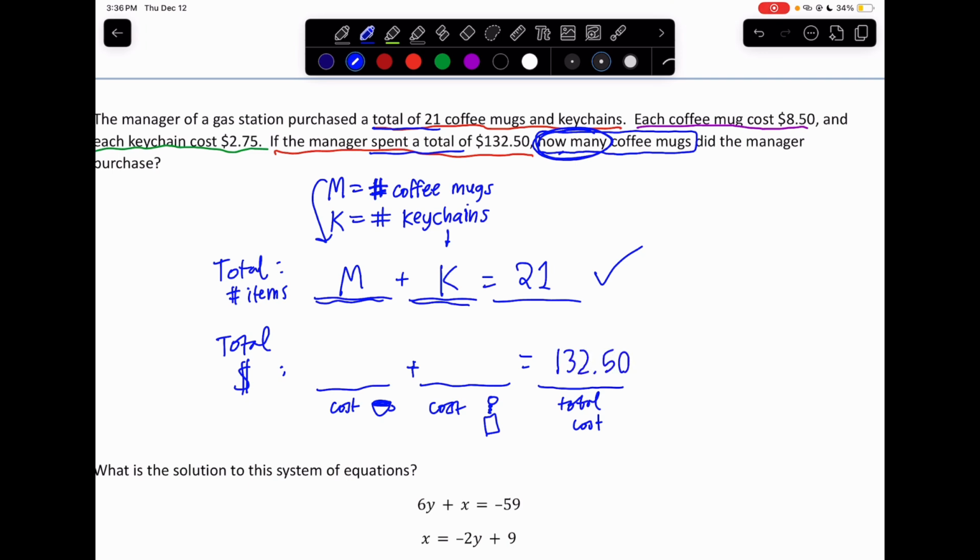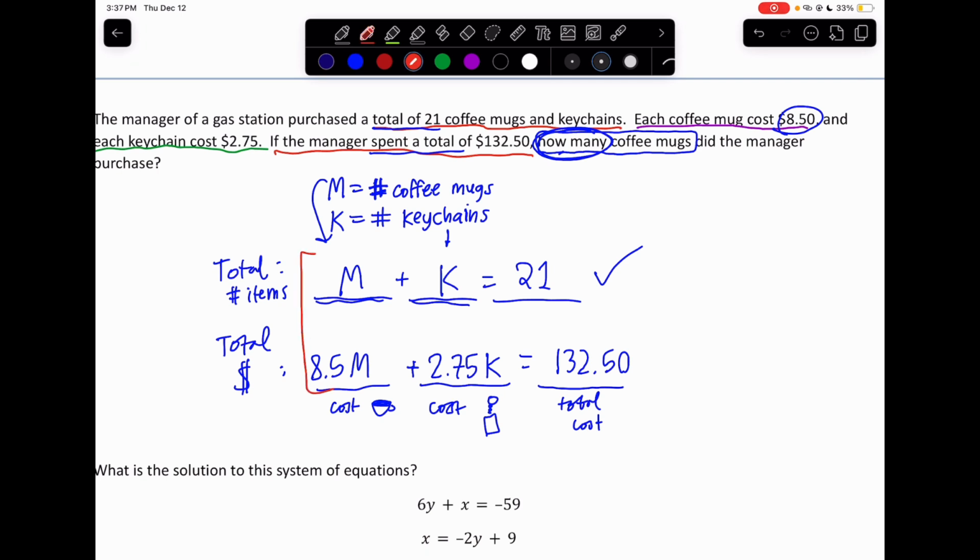And how do I find the cost of the coffee mugs altogether? Well, I don't know because I don't know how many I bought, but I do know that however many coffee mugs I bought, I'm paying $8.50 for each one. So that's 8.5 times M, which is the number of coffee mugs that I bought, plus $2.75 times K, which is the number of keychains that I bought. So altogether, I have found my system of equations.